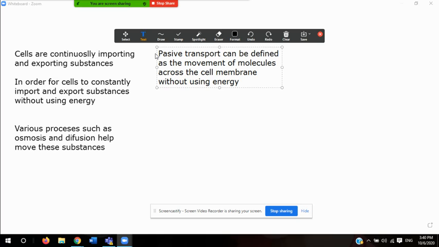Passive transport is defined as the movement of molecules across the cell membrane without using energy. So, osmosis and diffusion, we're going to talk about those in a minute. But basically, what they do is they move nutrients or substances across the cell membrane without using energy. So they require no energy.